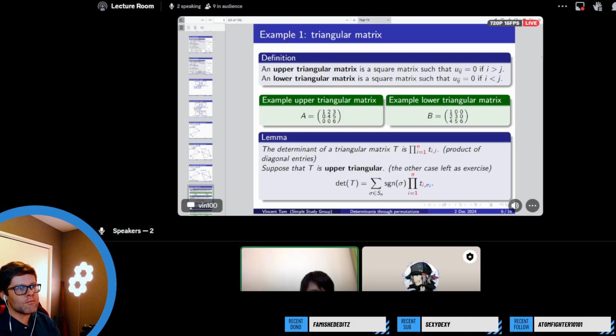That's the definition for an upper triangular matrix. And for a lower triangular matrix, the entries above the diagonal must be 0. Here we have a little fact that the determinant of each triangular matrix is the product of its diagonal entries.